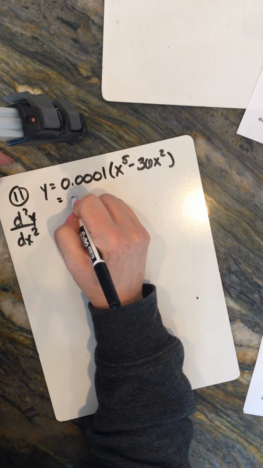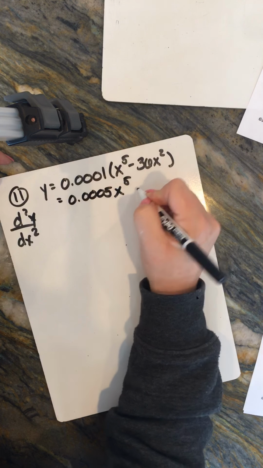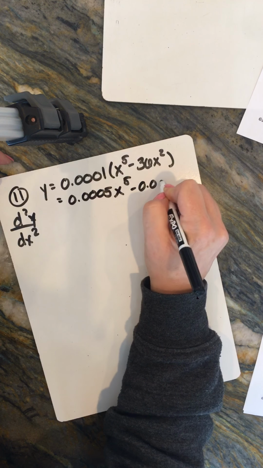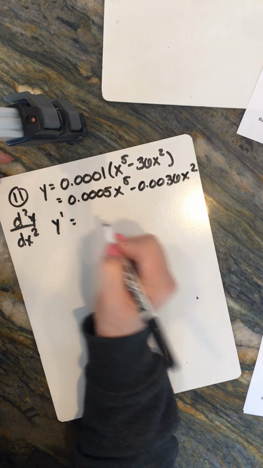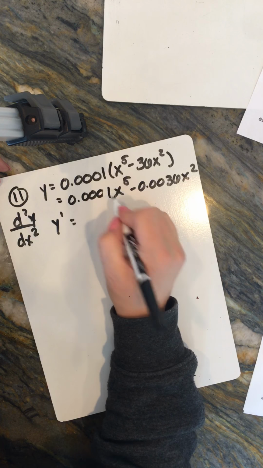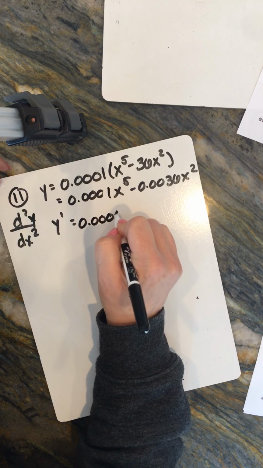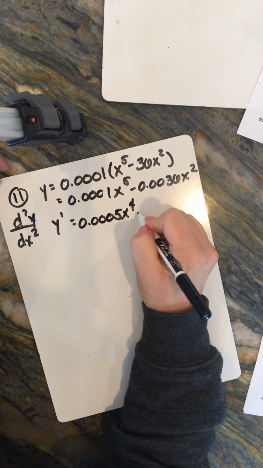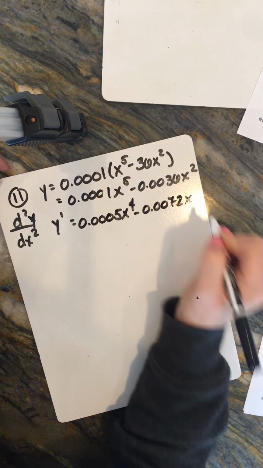So y equals 0.0005 x to the 5th minus 0.0036 x squared. Then go ahead and find the first derivative. So 0.0005 x to the 4th minus 0.0072x.